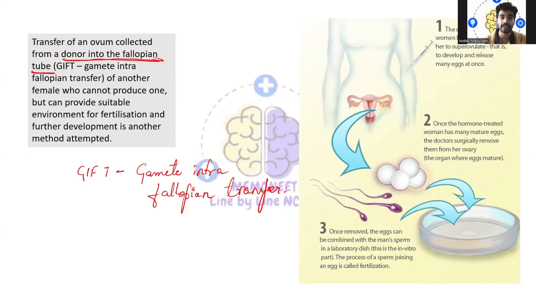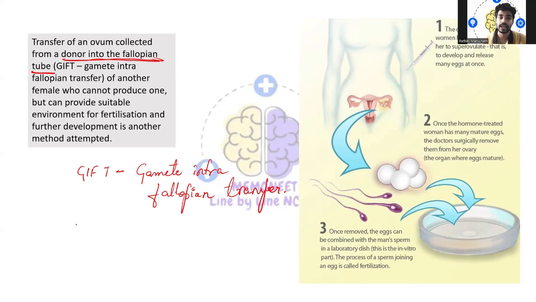Here you collect the egg from a donor female and insert it into somebody who cannot produce one but can provide a suitable environmental condition for the fertilization and further development. So this is another method which has been attempted.